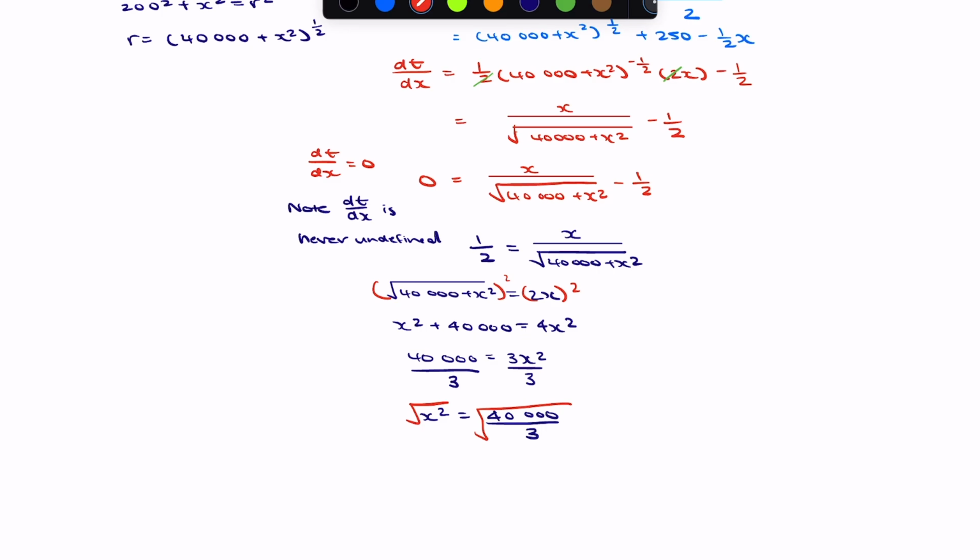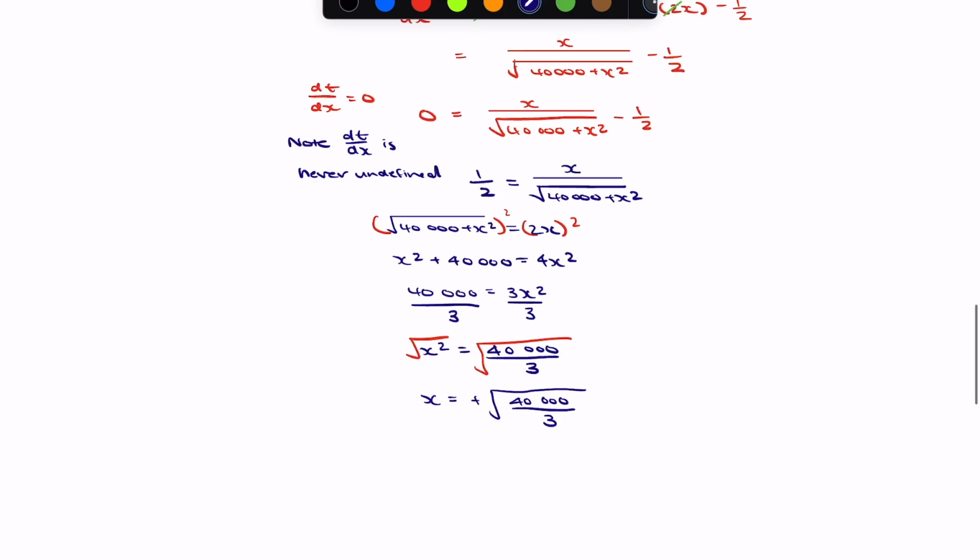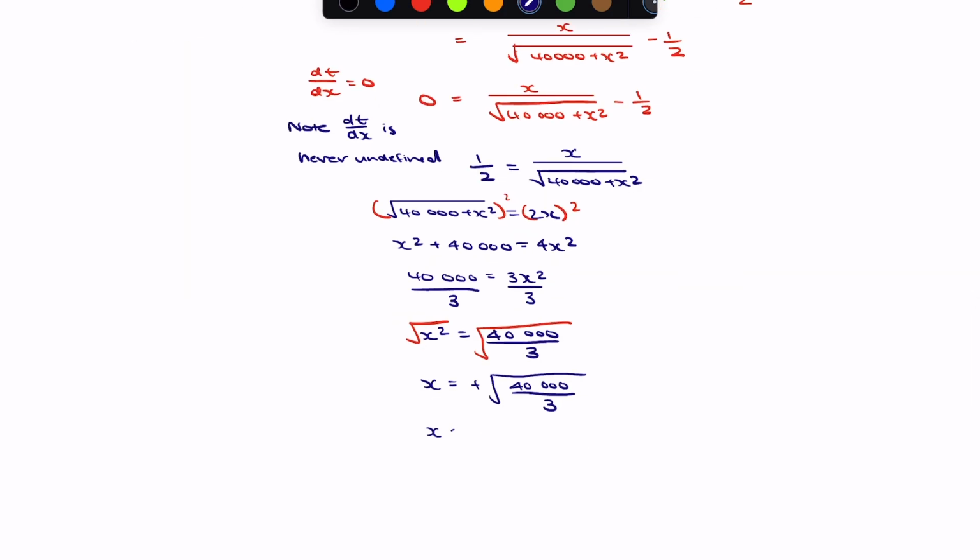Here, again, we're only looking for the positive value. So here we get x is equal to positive square root 40,000 over 3. Okay, and that'll give us here x is approximately equal to 115.5.